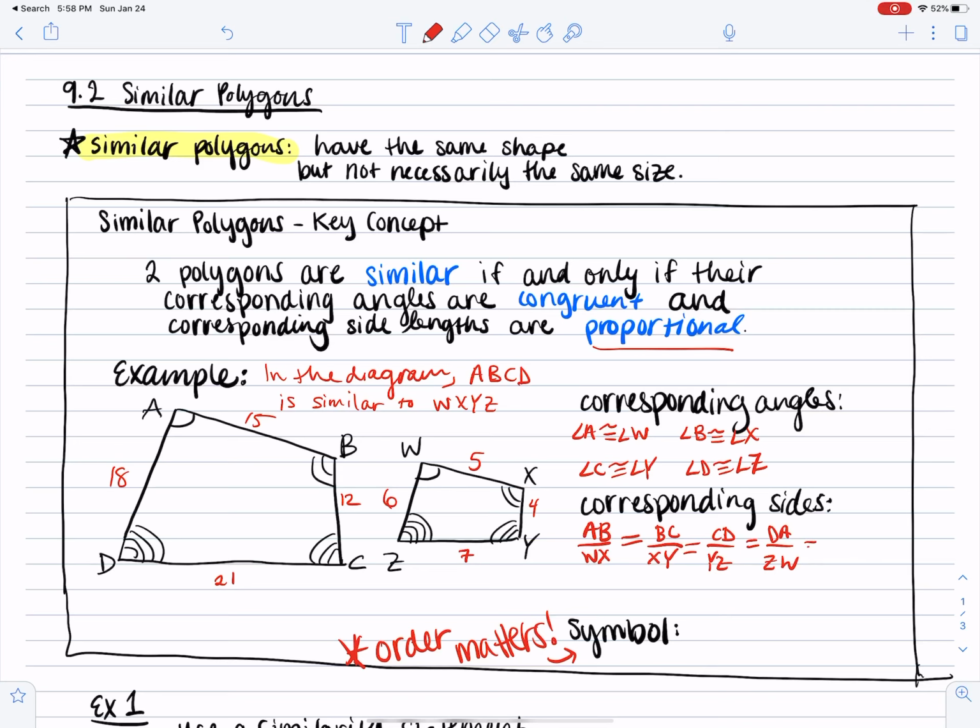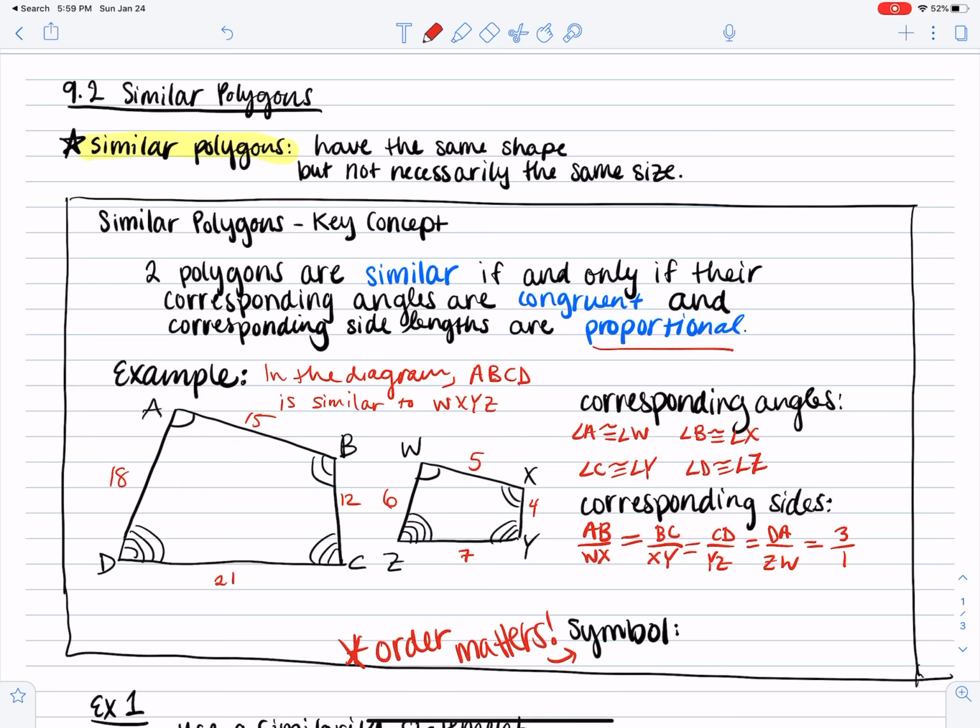And then if you divide that top length by the bottom length for any of those, you're going to get 3/1. That means they're proportional, which makes sense. 15 divided by 3 equals 5. 18 divided by 3 gets down to 6. 12 divided by 3 gets to 4. And 21 divided by 3 gives you 7. So that is why those two polygons are similar, because you can do that with all the sides.